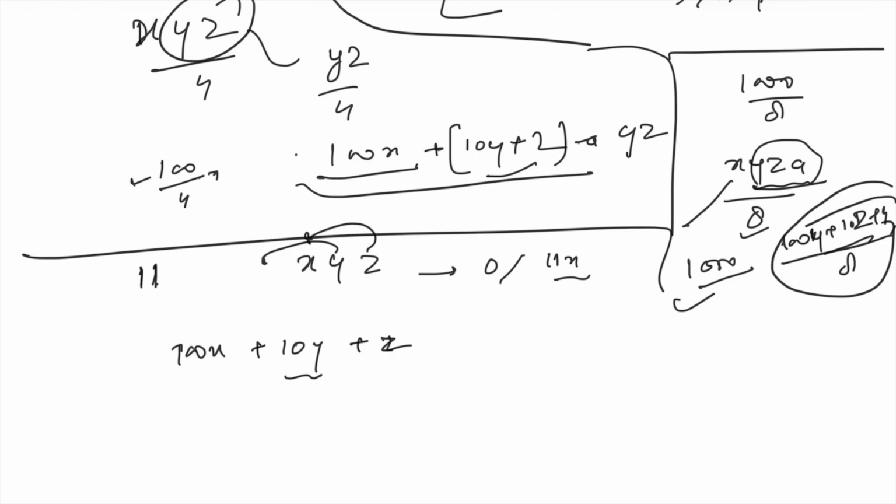You know, we can write it like 11 minus 1, right? So 11y minus 1y.